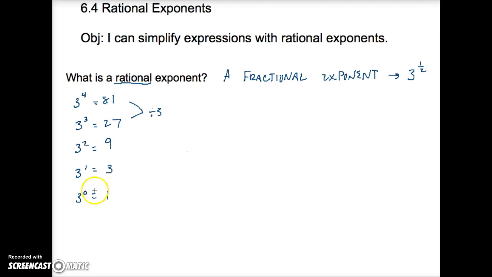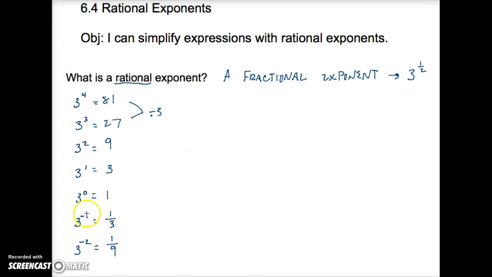If we continue this pattern, we can figure out what it means to have a negative exponent. 3 to the negative 1 power means 1 over 3, so 1/3. And 3 to the negative 2 power is 1/9.